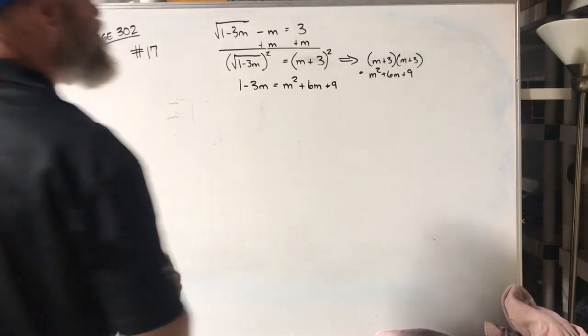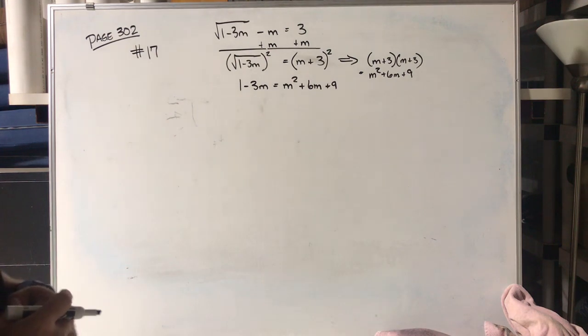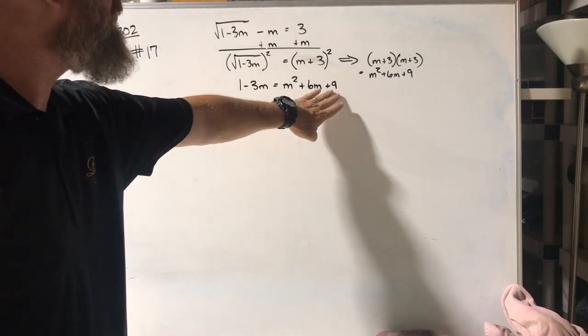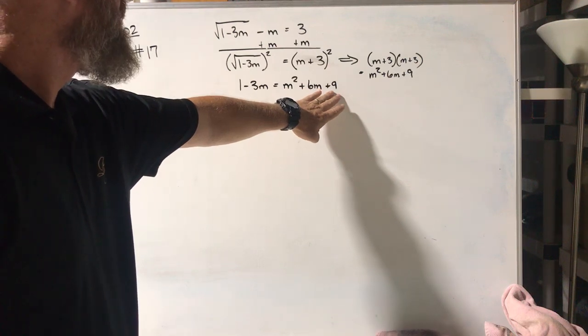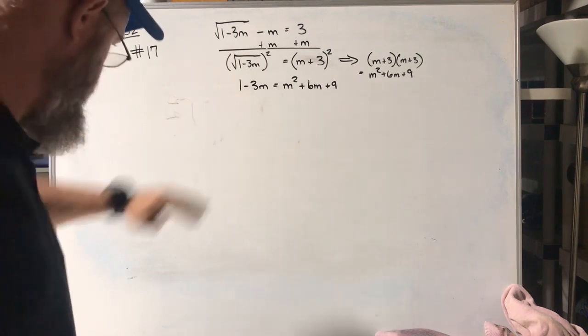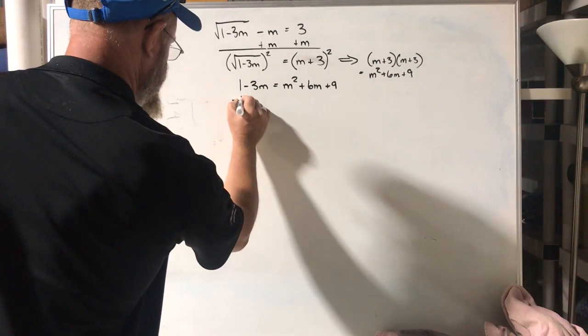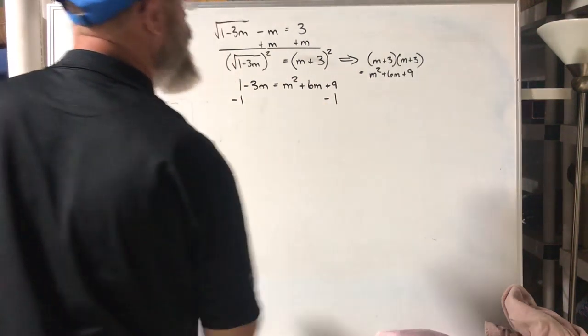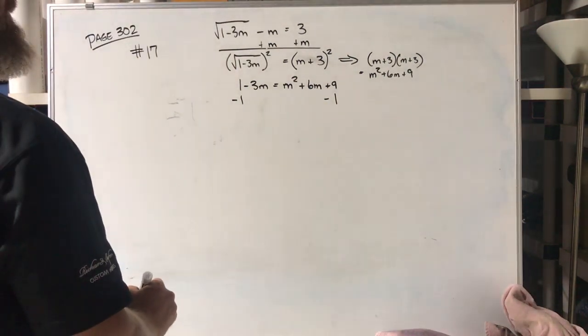All right? So then what I'm going to do is subtract 1 from this side, and therefore I'm going to subtract 1 over here, okay?